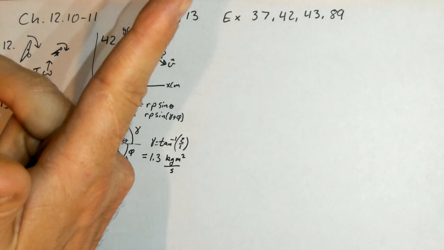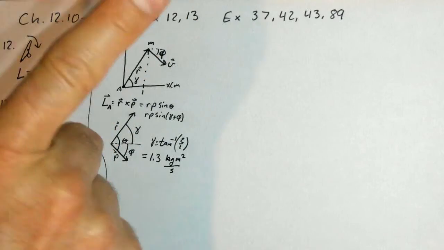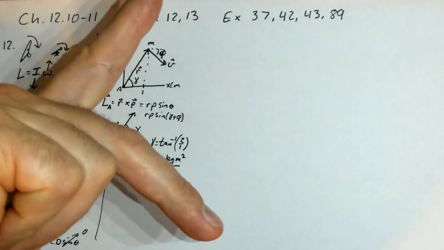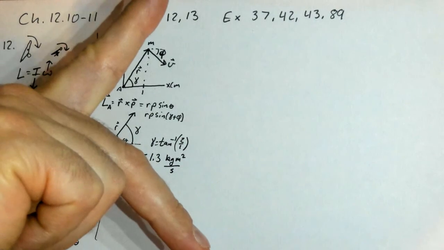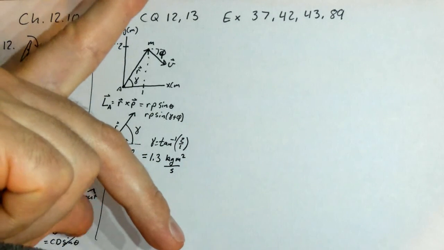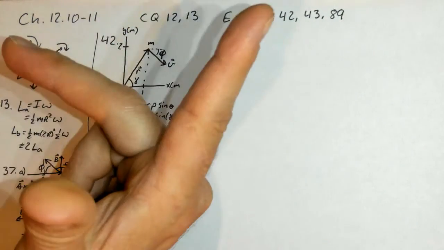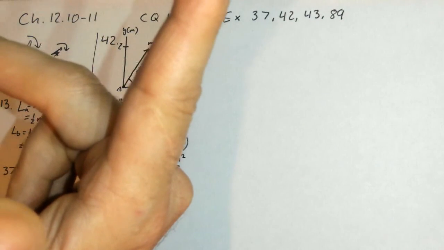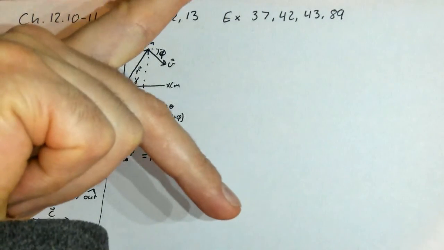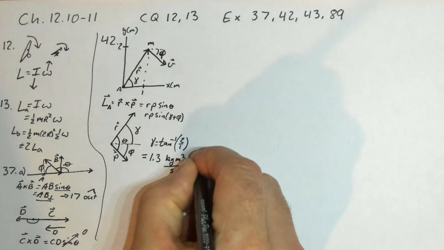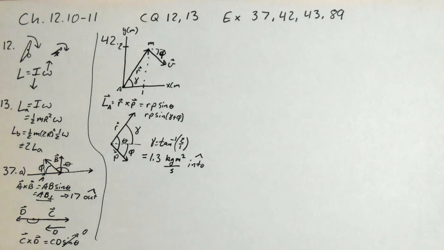Now to get V pointing the other direction, I've got to turn my hand over, keeping R pointed up the page. Well, V is that way, which you can't see my thumb. Here's my thumb. Thumb is pointing into the page. It would be out of the page if P was the opposite direction. But to get my V in the right direction, it's into the page.